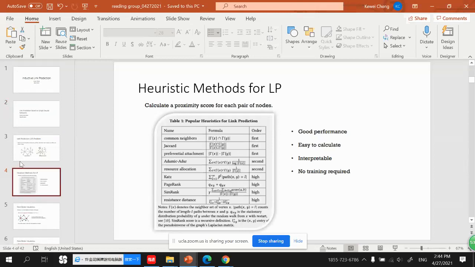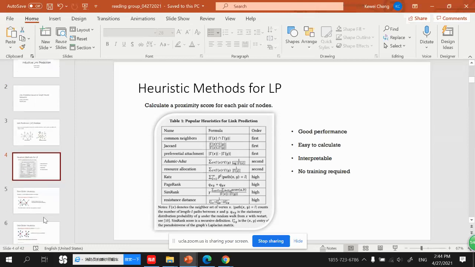As we know, heuristic methods for link prediction just leverage the structure information around the node to do the link prediction, which means that even though we have a new node, as long as we know its surrounding links, we will be able to predict its underlying structure.